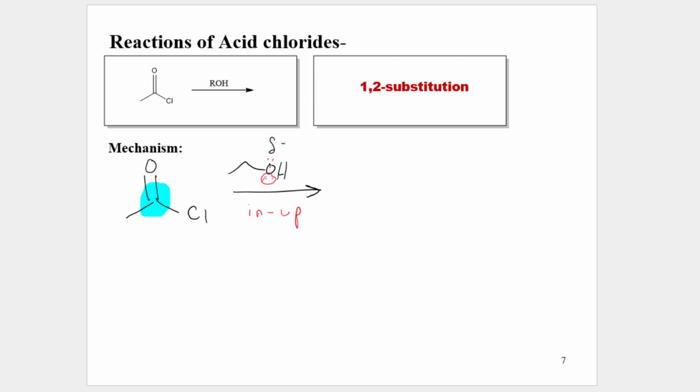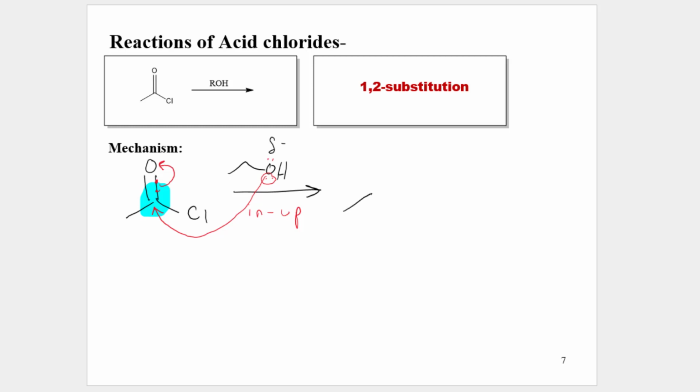So the electrons of the oxygen make a bond to the carbon of the carbonyl. The carbon-oxygen double bond, the pi bond breaks. That's the weakest bond. Think about strong bonds are sigma bonds and the weaker bonds are pi bonds. So the pi bond, which just has parallel overlap, is the one that breaks and goes up. Those electrons go up into the greedy oxygen.